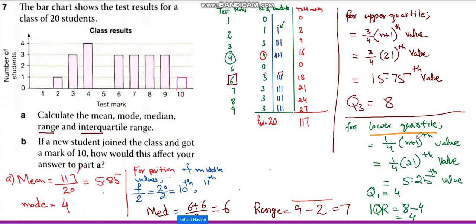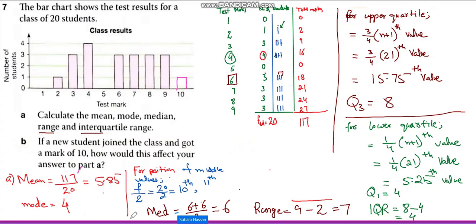Similarly, we need to change n as 21, means we need to find 1/4 of 22. And we need to see if we get a different Q1 or the same Q1. And then we can conclude whether IQR is changing or not. So I did not do the proper calculations for B part here, but as I have completely discussed here, you can try it on your own.